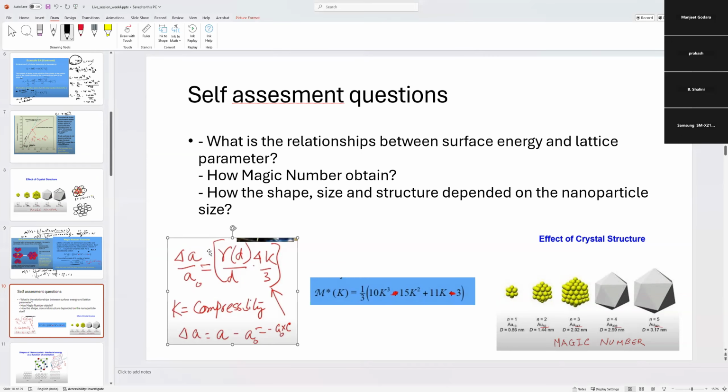This is the lattice parameter and your gamma is your surface energy. So that's how they're related to each other.